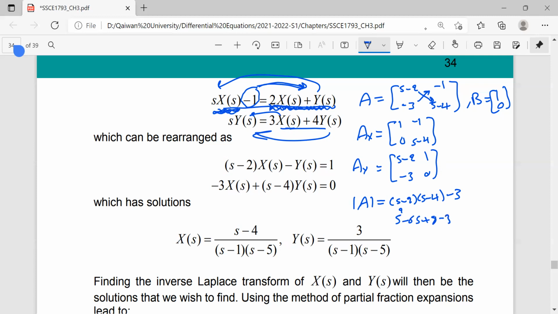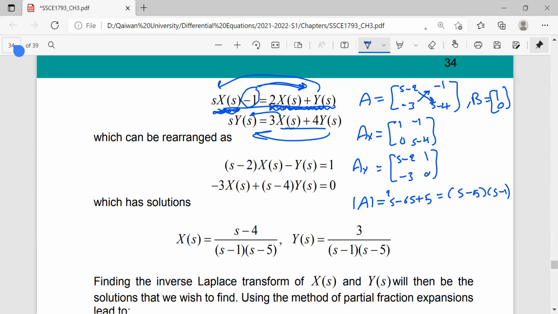Plus 8 minus 3 equals s squared minus 6s plus 5. And we can make it into two brackets. It is s minus 5 times s minus 1. So this is the determinant of A.